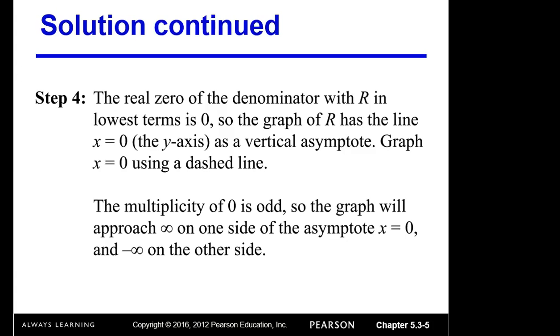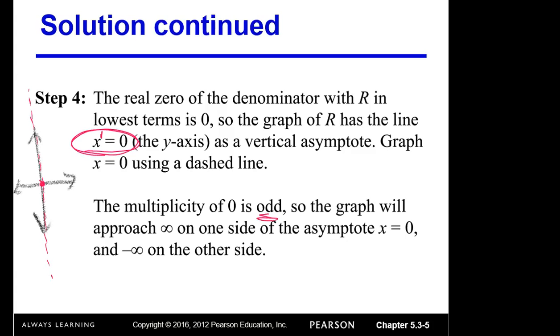And the denominator was just x equals 0. Here's the x-axis, here's the y-axis. This is where x is equal to 0, and you would draw a vertical line right through that. That's your vertical asymptote. And of course, x equals 0 is really x to the first, so that is also odd.